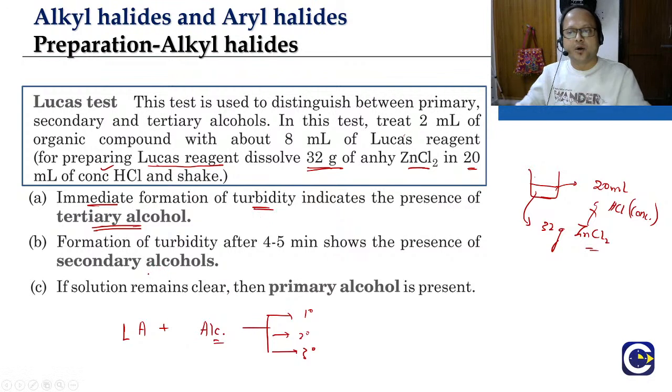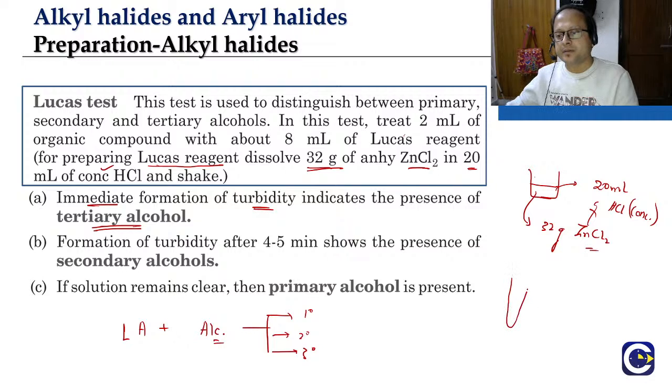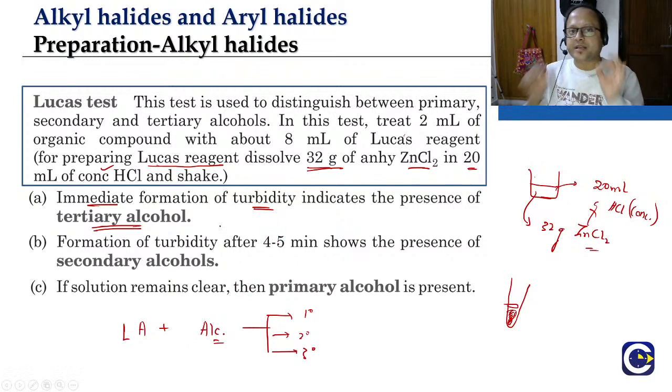You will see the whole thing in your test tube seems to be quite cloudy throughout. Why? Because your tertiary alkyl halide is forming, and it is not properly soluble in your water. Aqueous solution is there, or alcohol is also there. So it is not properly soluble and hence it is turbid in nature.